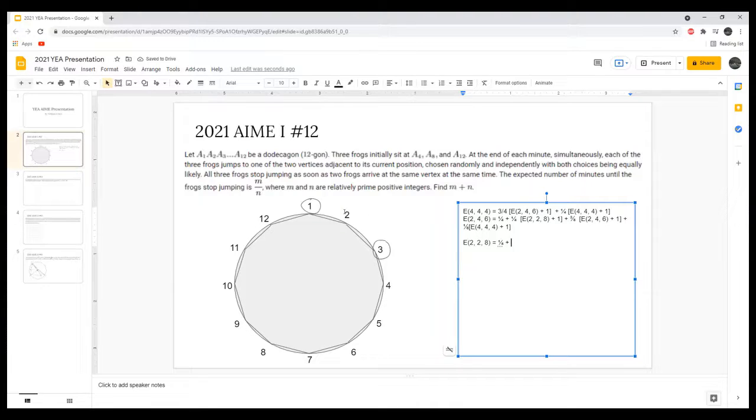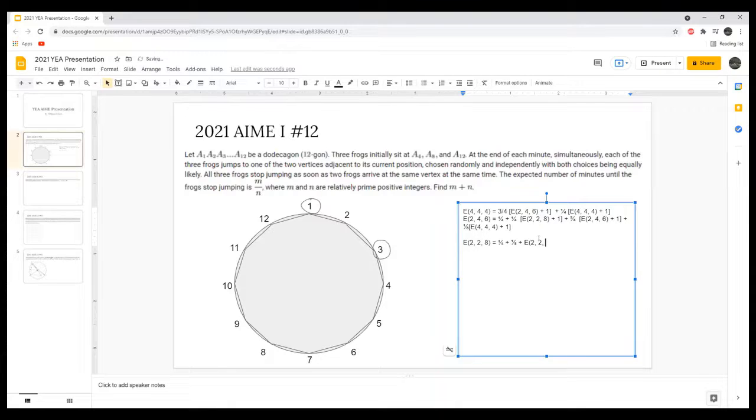And otherwise, right now we're only considering the case that the frog at point 2 moves to point 3, and then the other case is that the frog at point 4 moves to point 5. Then this would be over if the frog at point 6 moves to point 5 as well. The probability of this happening is 1/2 times 1/2 times 1/2, which is equal to 1/8, and the other 1/8 puts the frogs at points 3, 5, and 7 after that, which is exactly the same as the original configuration that we had.